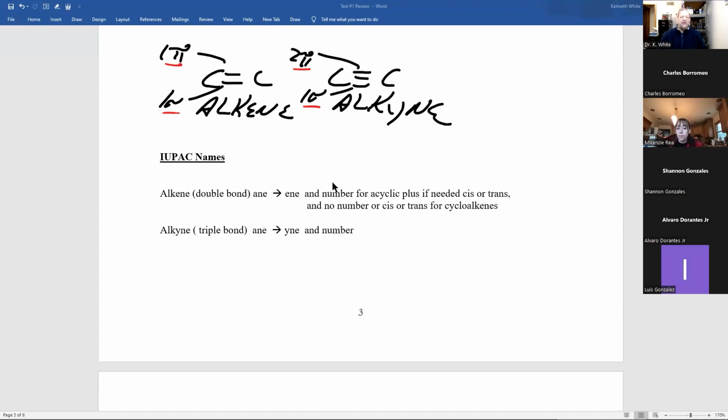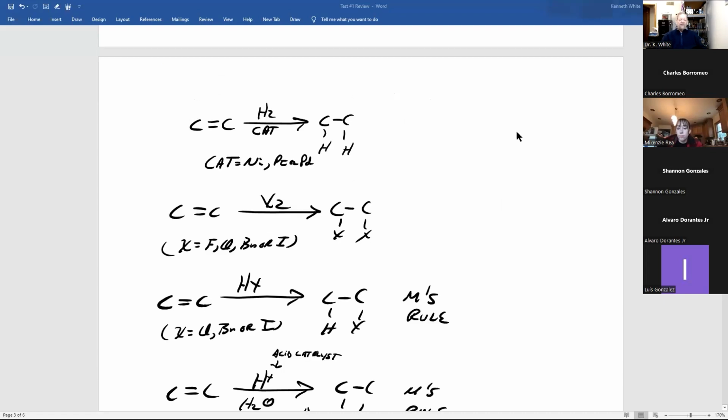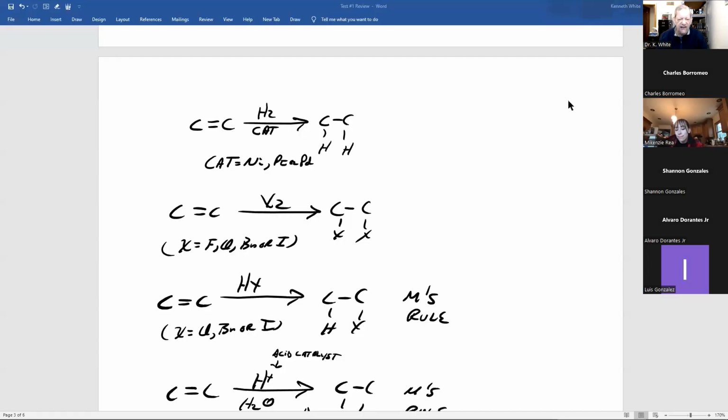All right, let's continue on with the review for the final exam, going over material from test number 1. Now, there are a number of reactions I've started teaching you. The first one is if you take a double bond and react it with hydrogen and a catalyst, you break the pi bond, and each carbon of the double bond gets a hydrogen. The catalyst can be nickel, platinum, or palladium.